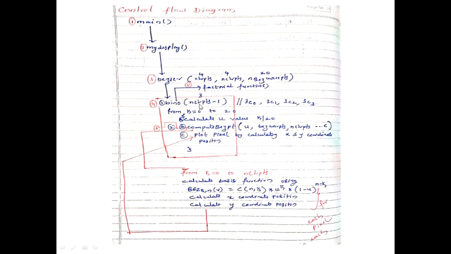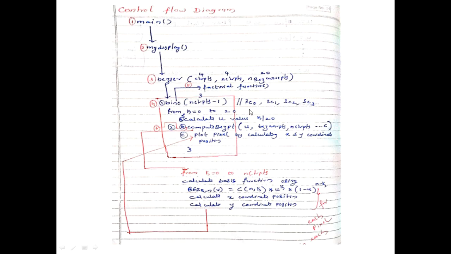The number of control points is 4 in our program, so 4 minus 1 gives 3. We need to calculate the binomial coefficient for 3C0 with k value 0, 3C1 with k value 1, 3C2 with k value 2, and 3C3 with k value 3. This 3 is the n value as per the equation. The binomial coefficient function calculates the factorial of a given number and returns the results of 3C0, 3C1, 3C2, 3C3.